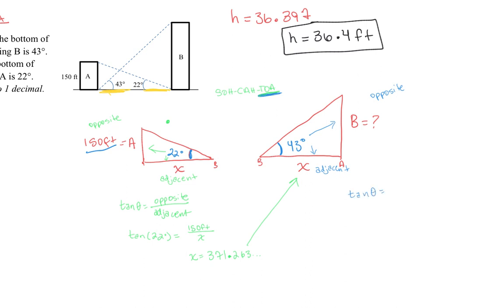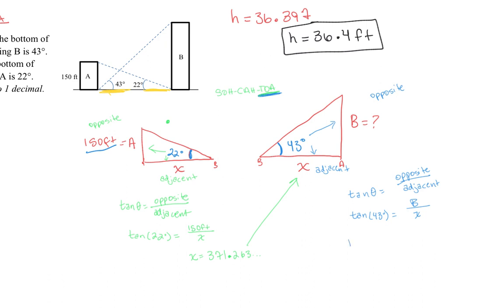So tan theta, again, opposite over adjacent. And I don't think it's a bad thing to rewrite this every single time. That way it clicks in your mind. So tan of our 43-degree angle is equal to our opposite, B, which is what we're looking for, over our adjacent, x, which we know.